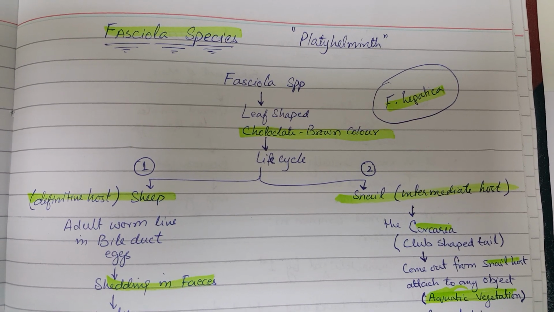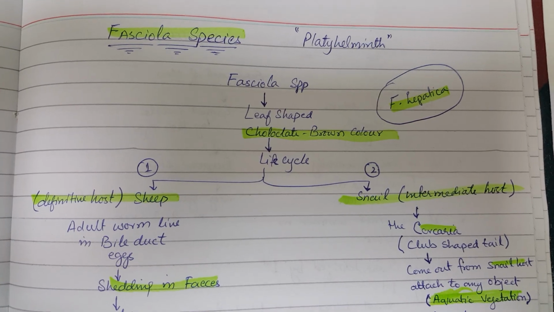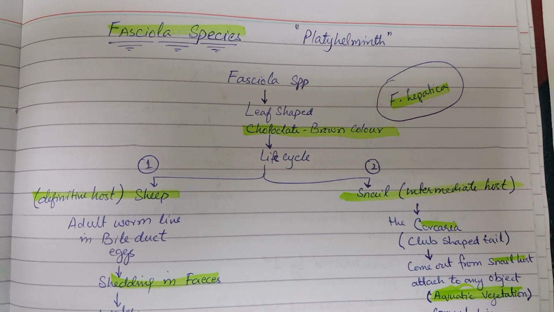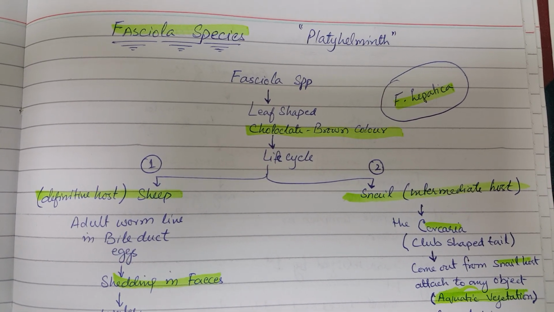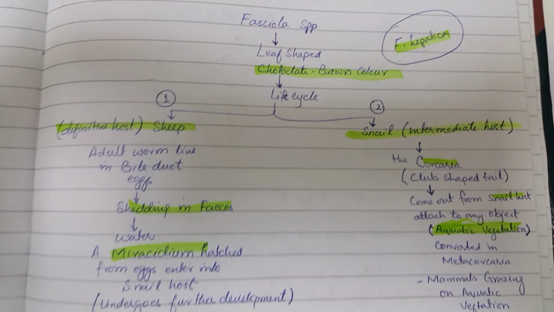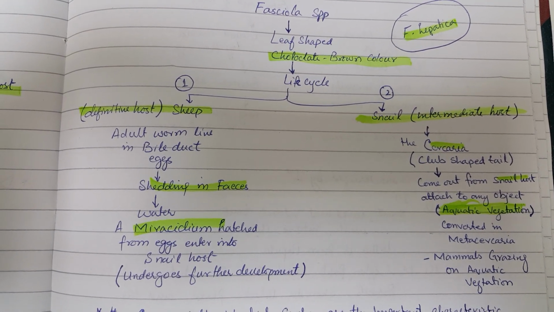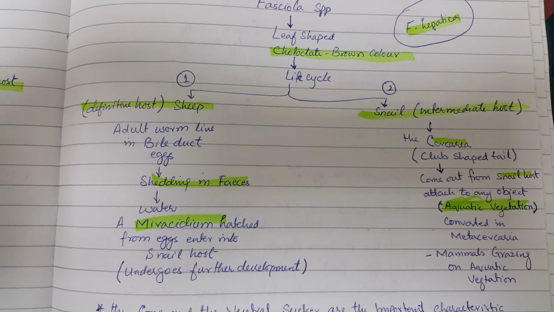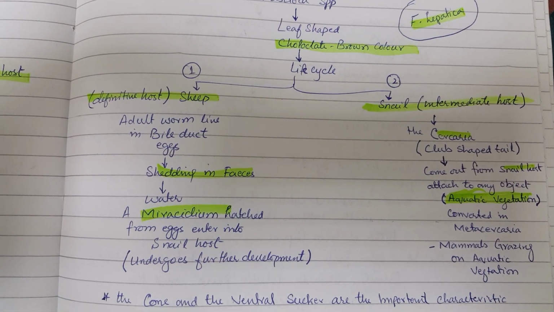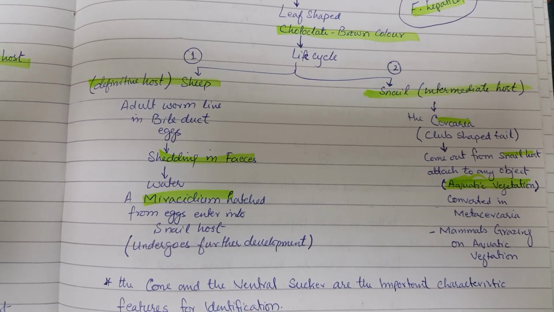You can find it here. Fasciola species are leaf-shaped, chocolate brown in color, and the life cycle involves two different organisms. One is the definitive host, which is sheep, and the intermediate host is the snail. First, the adult worm lies in the bile duct and sheds eggs into the feces and water.